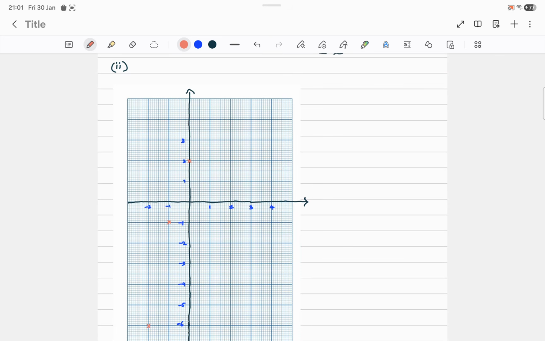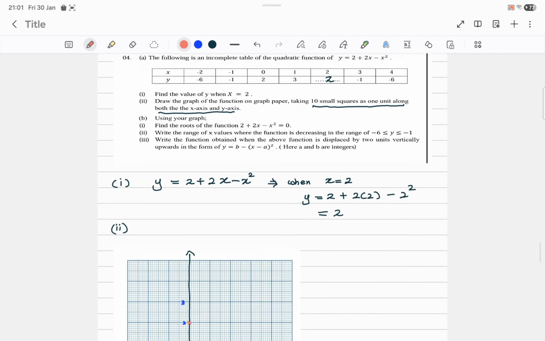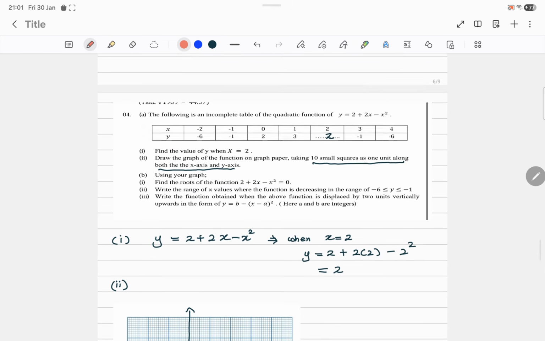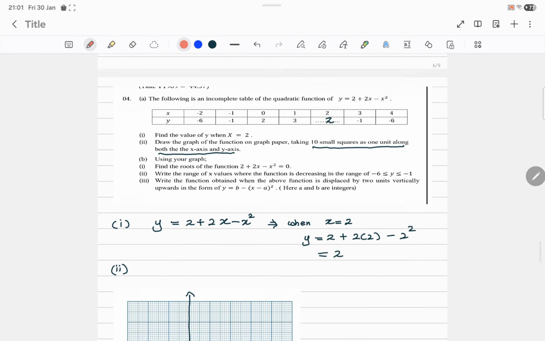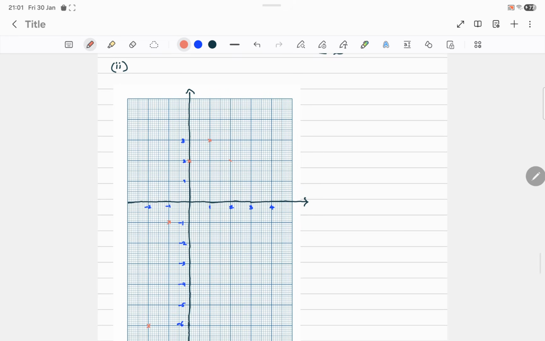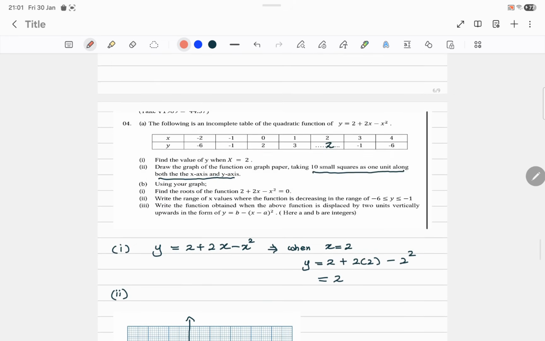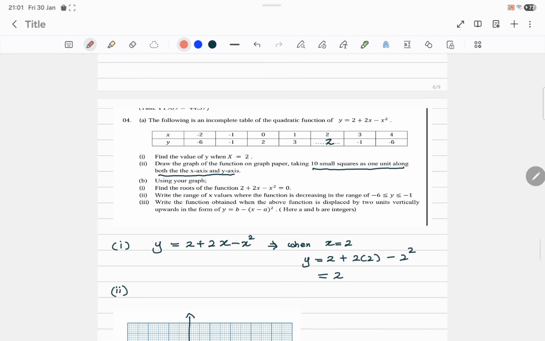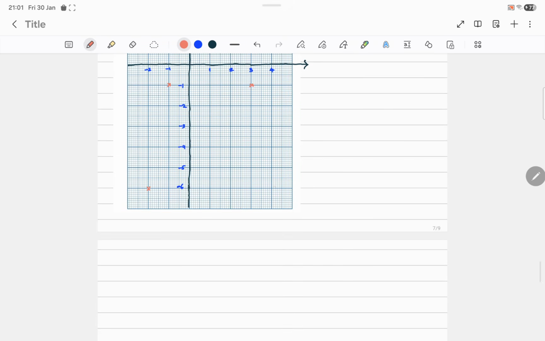When x is 1, y is 3. Then when x is 2, y is 2. When x is 3, y is -1. Then finally when x is 4, y is -6.